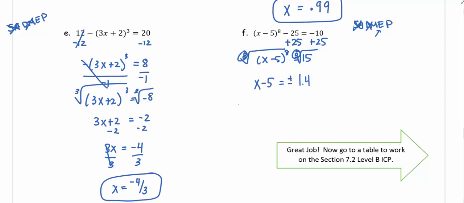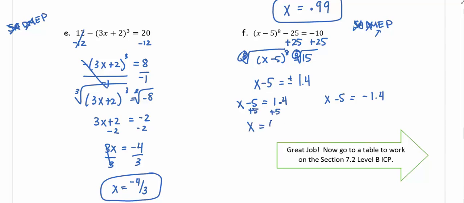So what that means is that x minus 5 could either be positive 1.4 or x minus 5 could be negative 1.4. So I need to solve both of these for x.